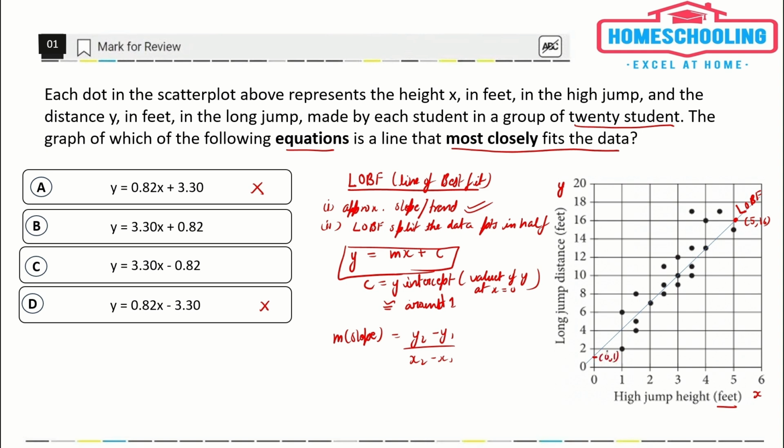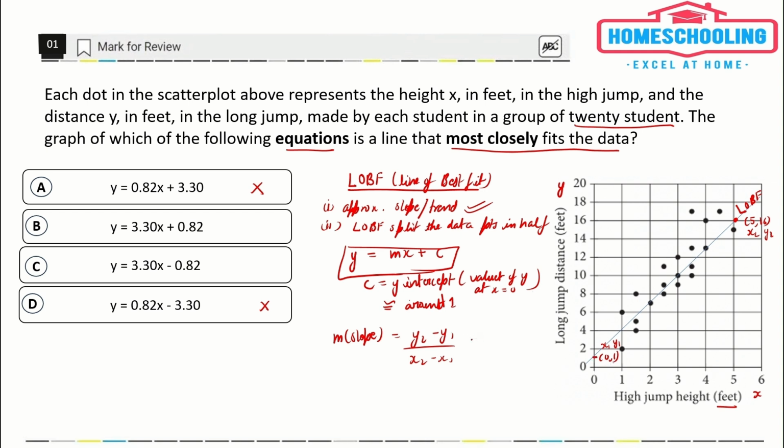This is our x1, y1, x2, y2. We have to select two points on the line where we get whole numbers. Here we get a whole number on the y-axis and on the x-axis. Similarly here, y is equal to 1 and x is equal to 0.